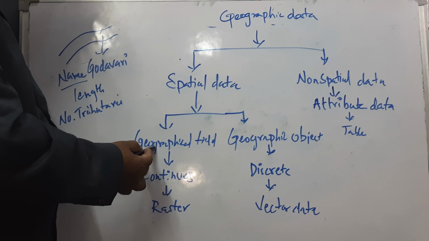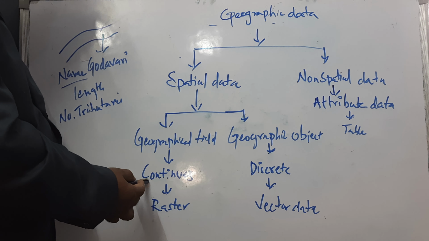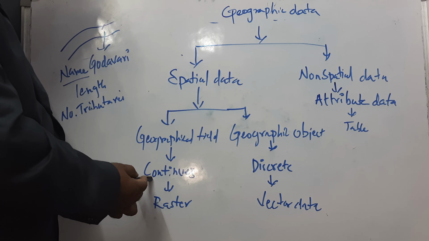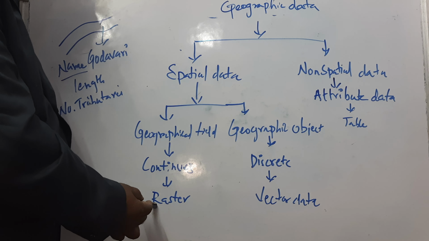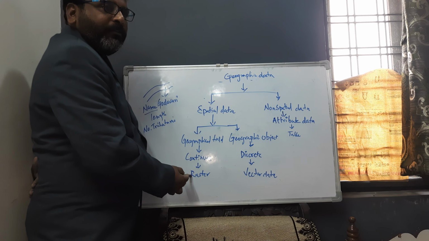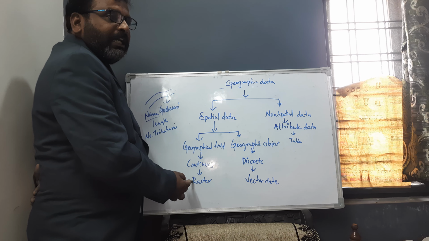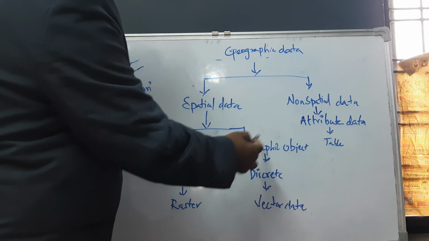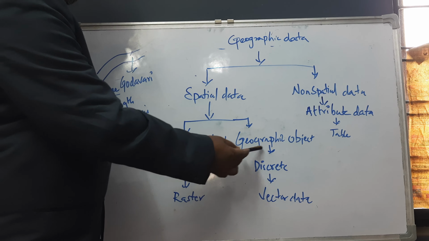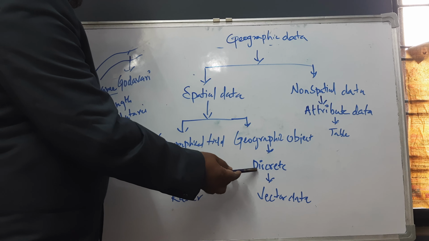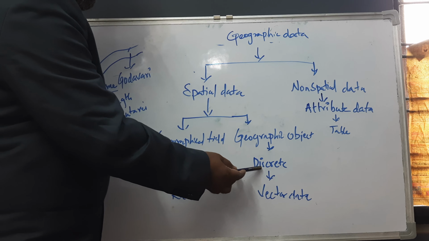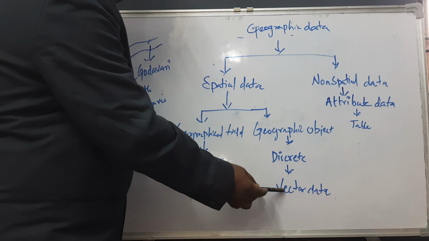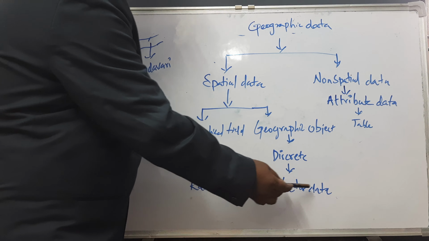A geographic field is nothing but continuous, and in GIS we represent this continuous data in raster form. This is the best form of representation of such GIS data. And if you look at geographic objects, they are discrete, as I said, and this discrete data we represent in GIS as vector data.